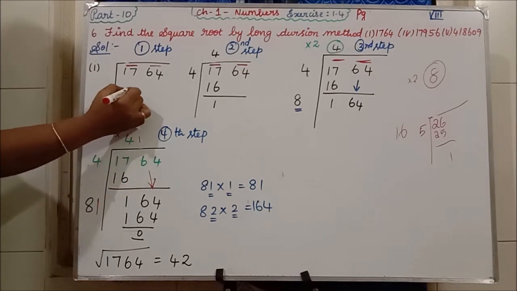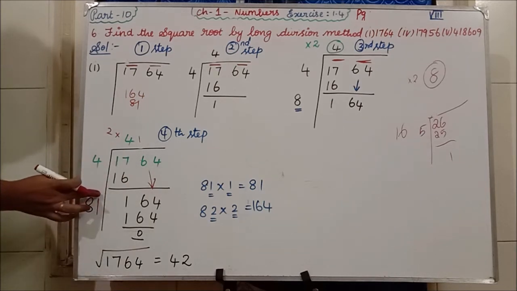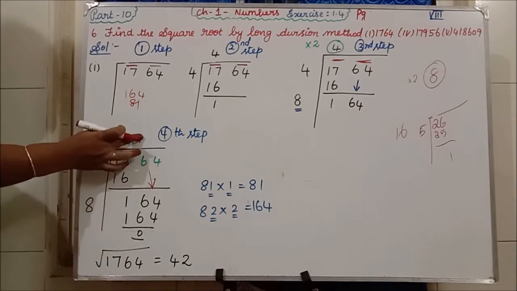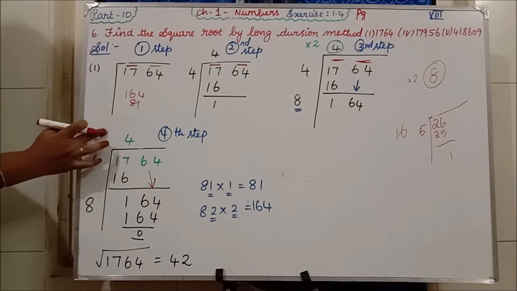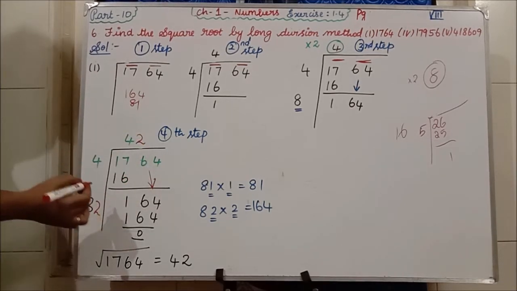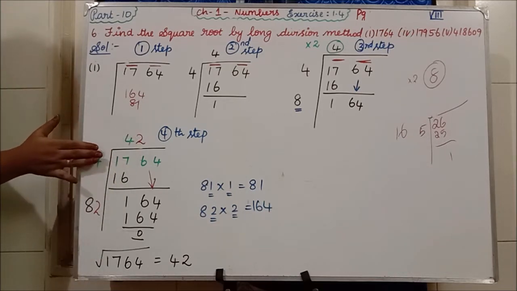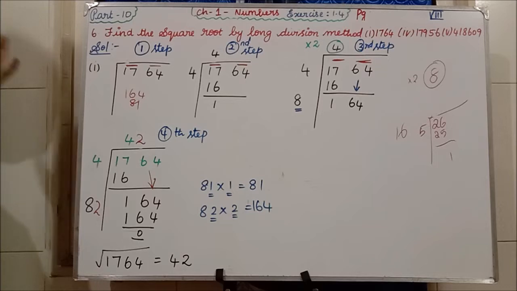But 164 and 81, they are very small numbers, isn't it? So you should not write 1 here. Then you have to write 2 here. See students, you should not see this first row, you have to forget about that.